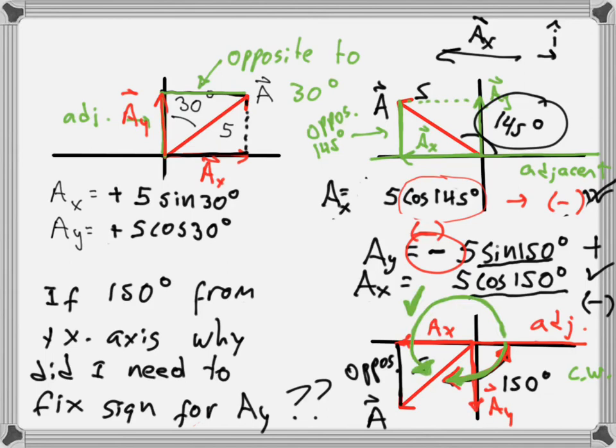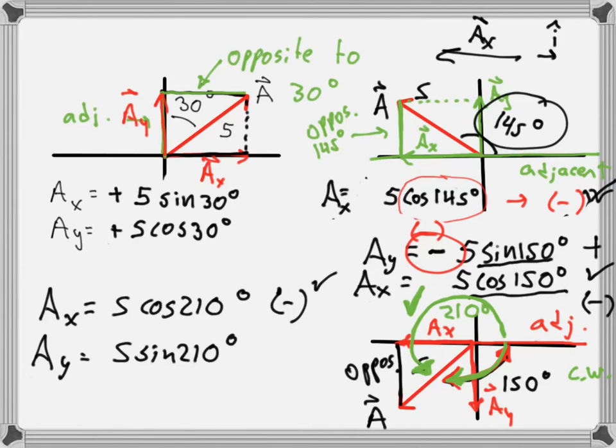The angle that we would have to use if we didn't want to fix any signs by hand would be the angle measured from the positive x-axis going counterclockwise. So that would be 210 degrees. If you had used 210 degrees, then the x component would be 5 cosine of 210, with no need to fix the sign because that will give you a negative number.